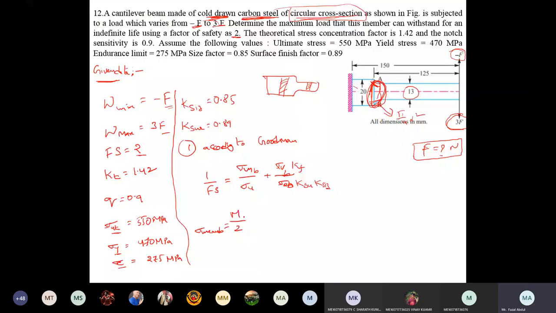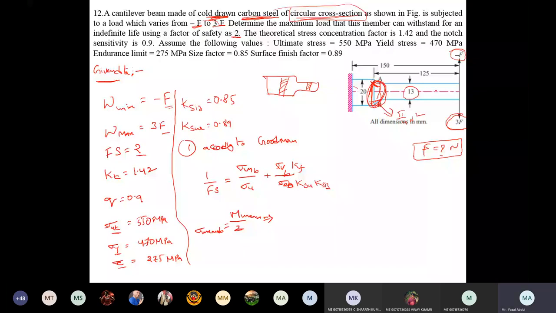M by Z, mean bending moment by section modulus. I am taking this because the system is subjected to the bending load.